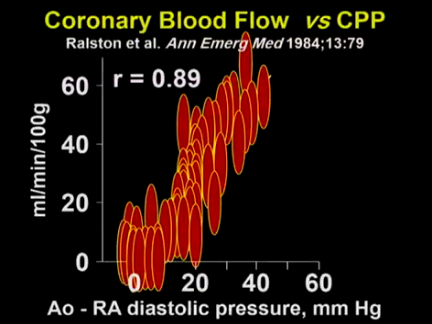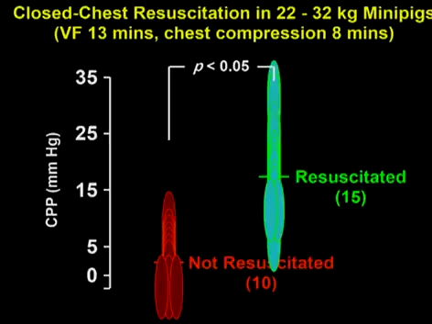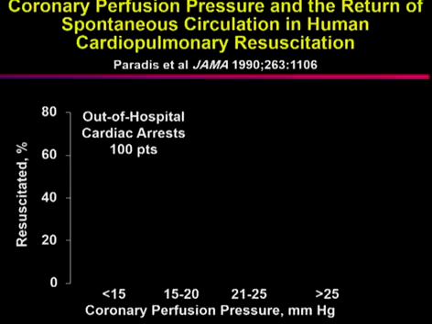I'm going to tell you that depth generates flow, and flow will manifest into coronary perfusion pressure. And the higher the coronary perfusion pressure, the more likely the person is going to be successfully resuscitated. So this is the data that was published back in 1990 by Dr. Paradis, showing this is a patient who had out-of-hospital cardiac arrest.